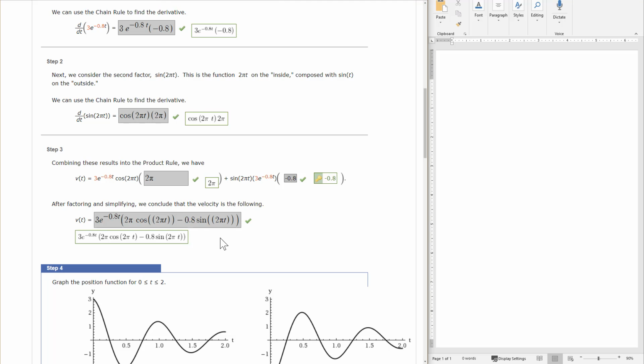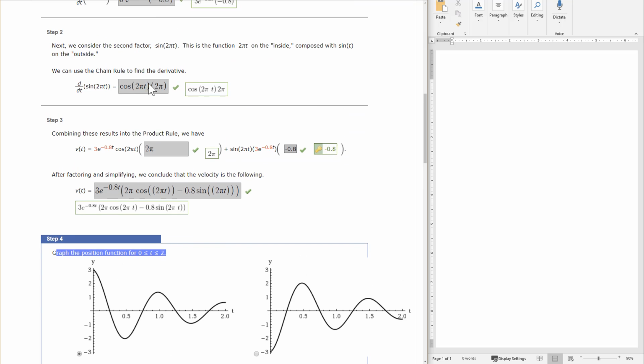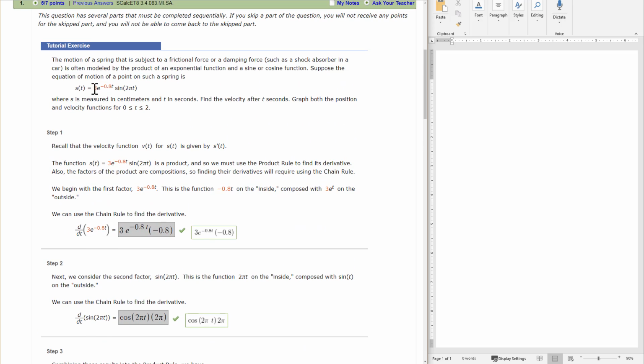same thing. Okay, let's take a look at the graph of the position function. I want us to graph the position function, and if we take a look at the position function, it's this exponential function times a sine function. Now, when t is equal to 0, the exponential function will become 1, and the sine is going to be 0, so this is going to be 0.